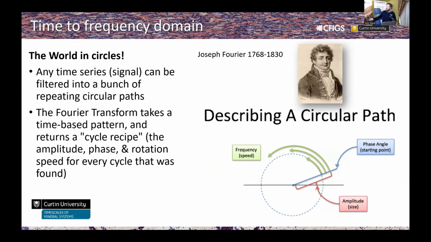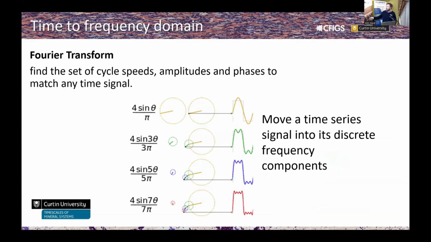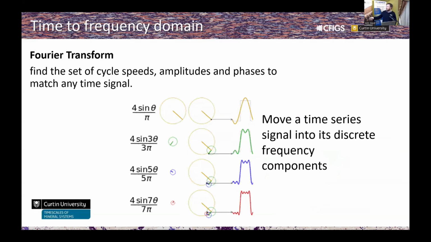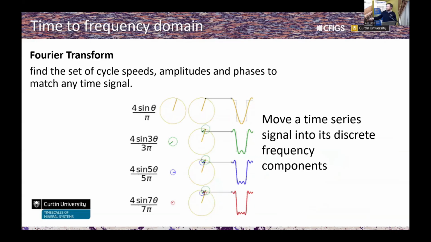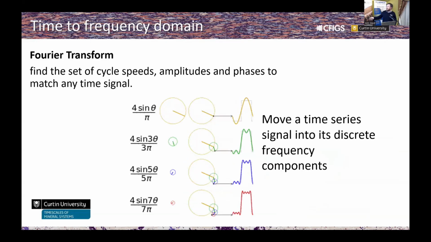The recipe basically says, take a waveform and describe that waveform by producing it with a circle. That circle will have an amplitude, it will have a starting phase, and it will have a frequency. And I can show you how this works quite easily here. We've got a simple sinusoid here, this simple up and down. It's described by this rotating circle that has its own frequency and size.